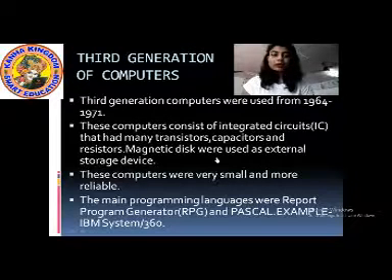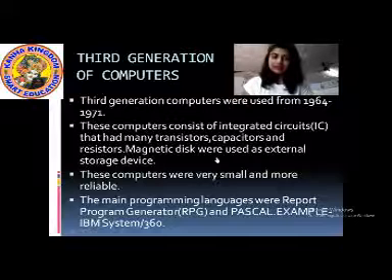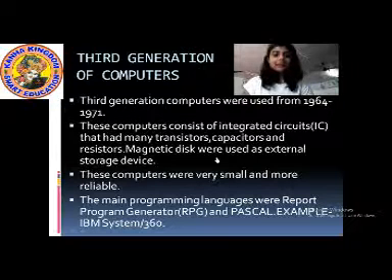If the current flows freely in a circuit, it could produce a lot of heat, like it did in the first generation of computers. So resistors were used to control the flow of electricity in these circuits. Integrated circuits in this generation of computers are made of only transistors, capacitors and resistors.